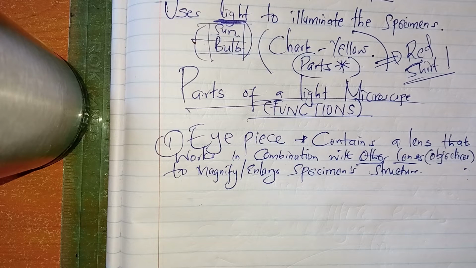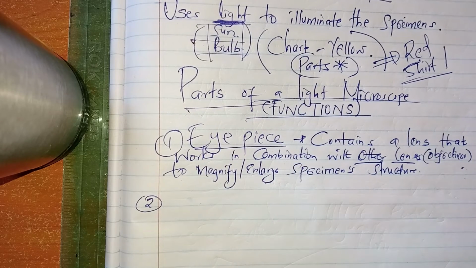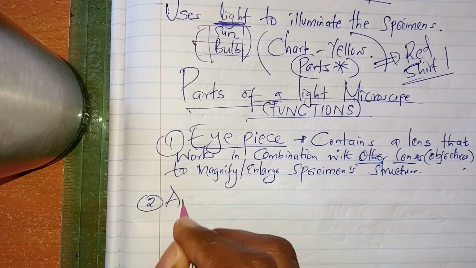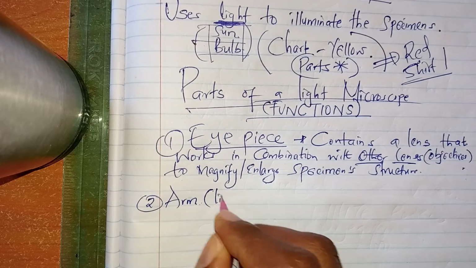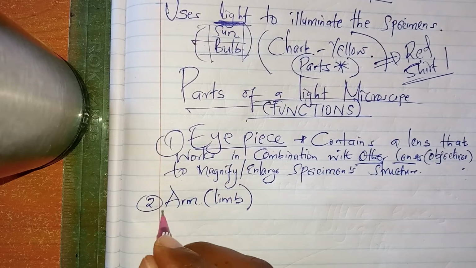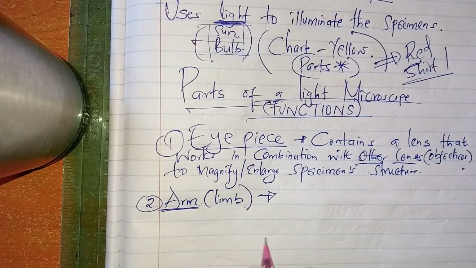Number 2, the second one we will talk about is the arm. I'm just choosing the parts randomly. The arm is also called the limb, and this one is for support.